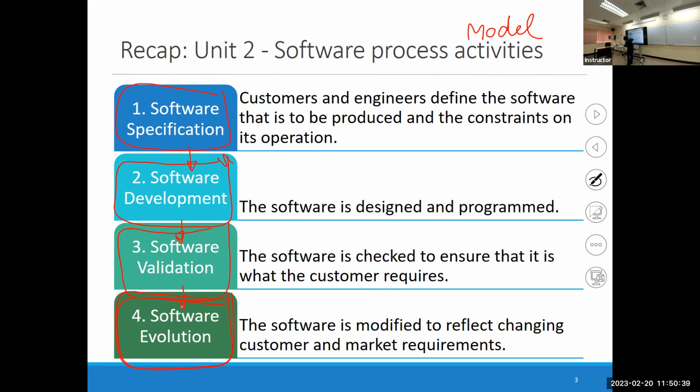You can do it in an iterative manner. But even if you do waterfall, agile, or iteration, you still need to work on these activities. It's just that you start one, finish, and come back or not.